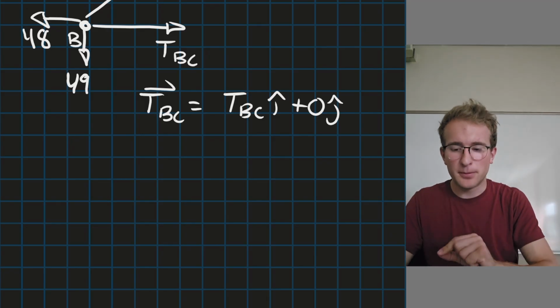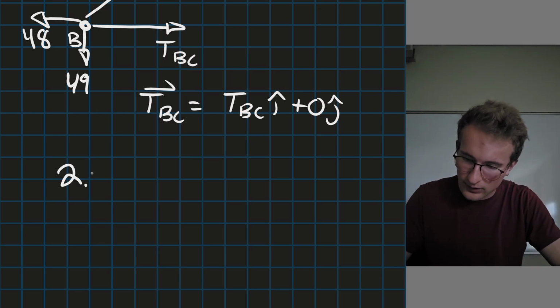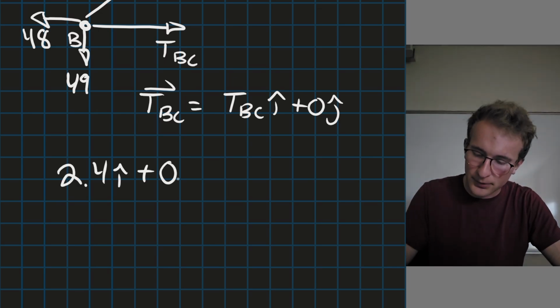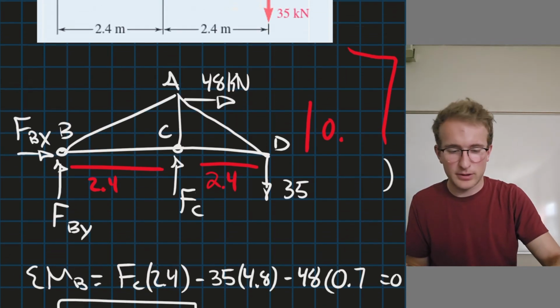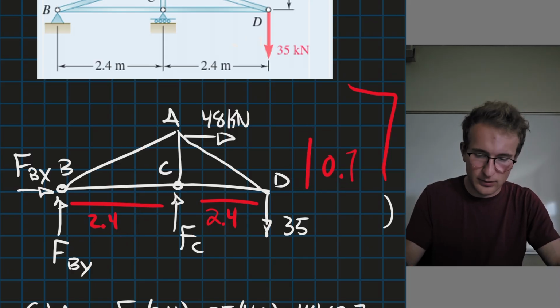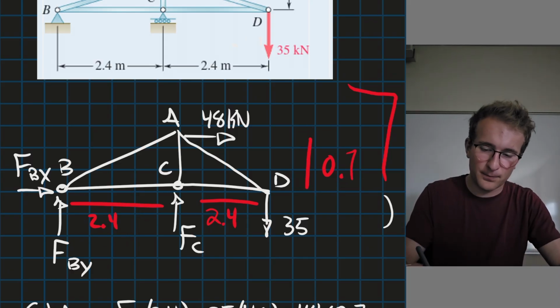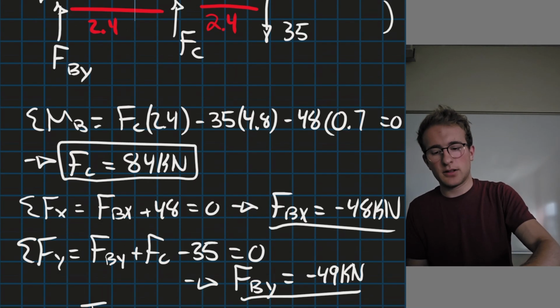The vector from B to A is 2.4 I hat plus 0.7 J hat. That's just given in the problem, right, by the distances here. Right. Takes me from B to A.